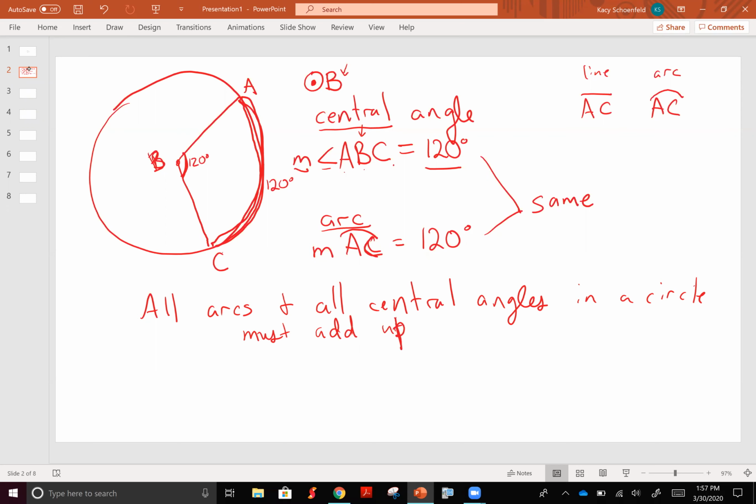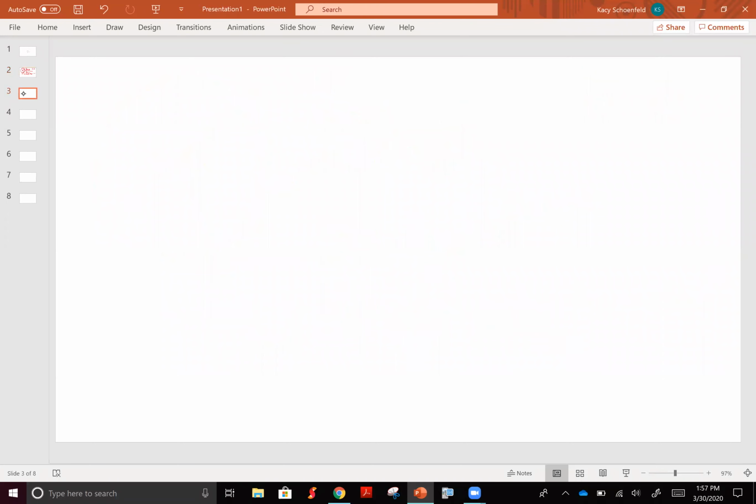We're going to add up to 360 degrees. So how many degrees are in a circle? 360. How many degrees are in the central angles parts? 360. Sometimes you can have multiple angles in there.